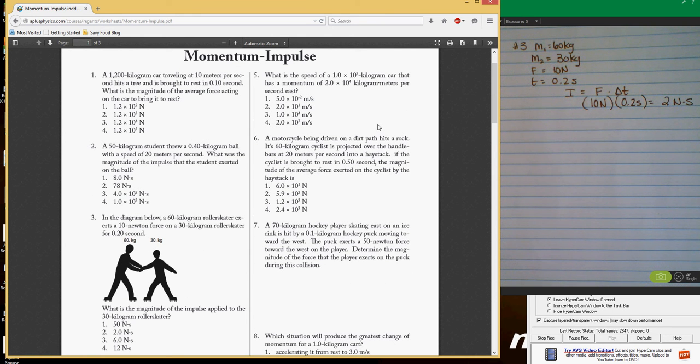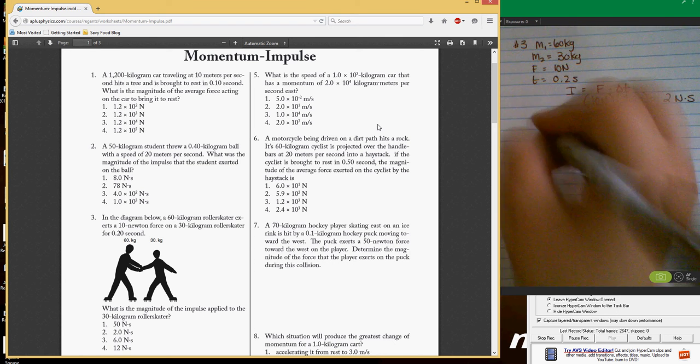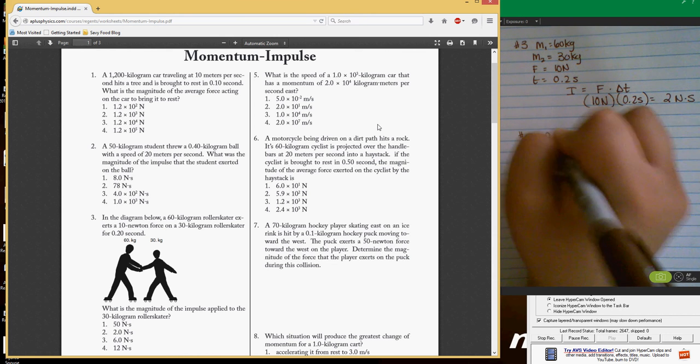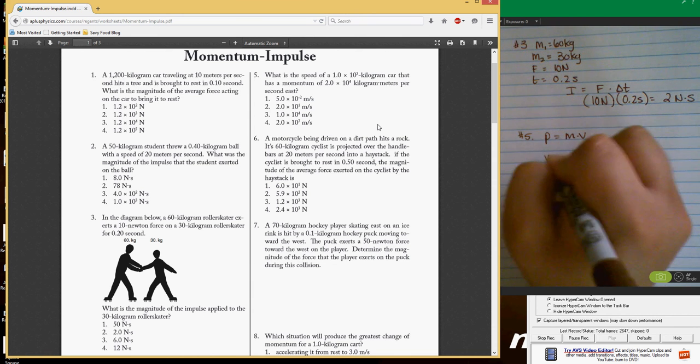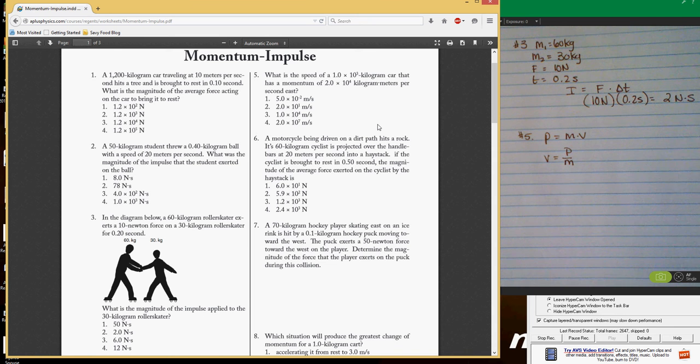Alright, question number 5. What is the speed of a 1.0 times 10 to the 3 kilogram car that has a momentum of 2 times 10 to the 4 kilogram meters per second east? So we know that, again, for question number 5, P equals m times v, which is our momentum equals mass times velocity. So if I rearrange this, velocity equals P divided by m. So we're looking for that speed.